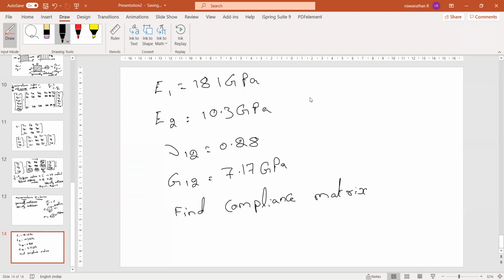So we have to find nu21. Using the relation between the major and minor Poisson's ratios, nu12 by E1 is equal to nu21 by E2. What are E1 and E2?